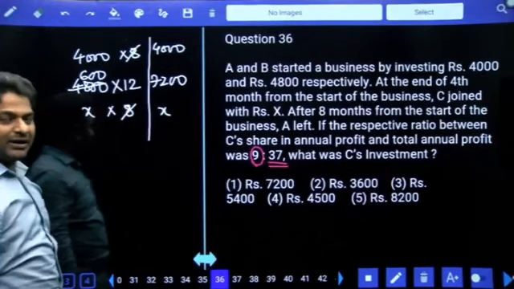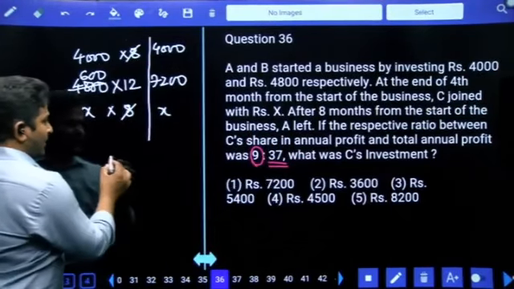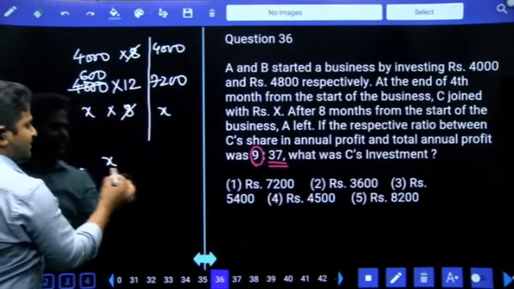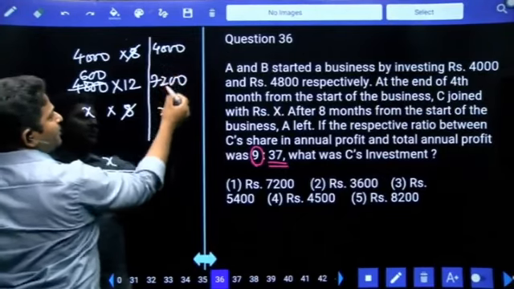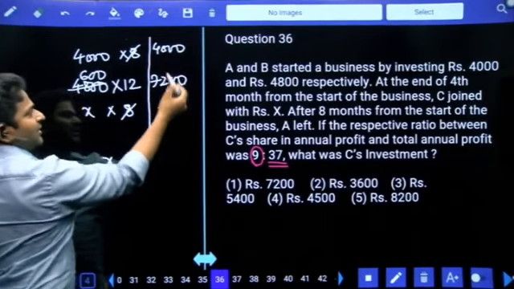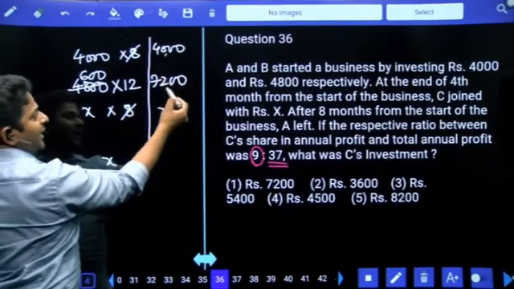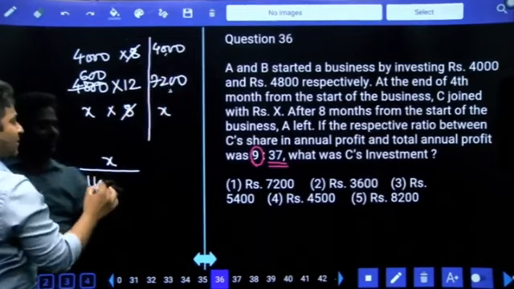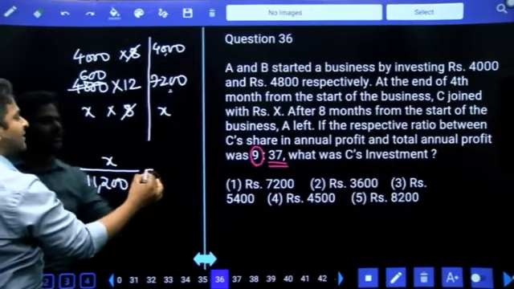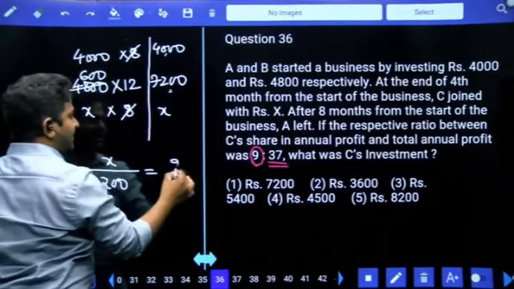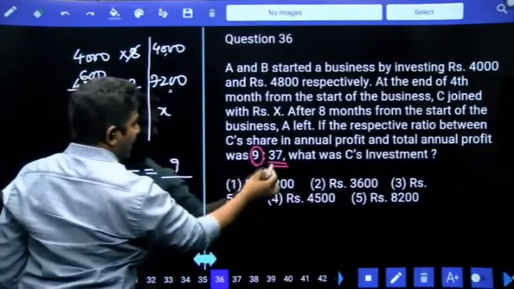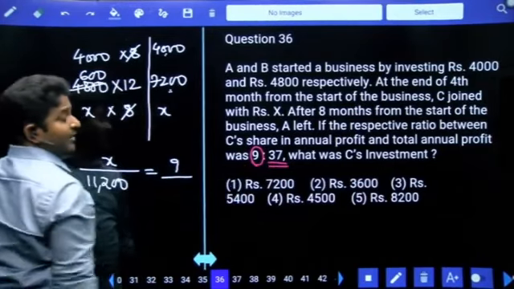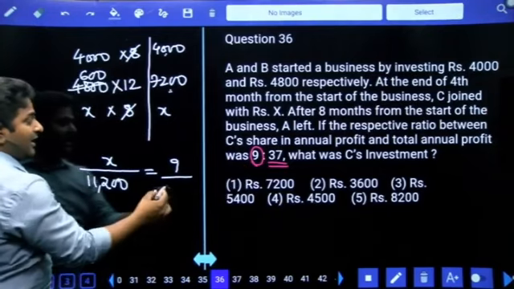Now, C is getting X rupees and the remaining values are A's profit and B's profit, that is equal to 11,200. C's profit is 9 parts out of 37. If you subtract 9, you get 28.